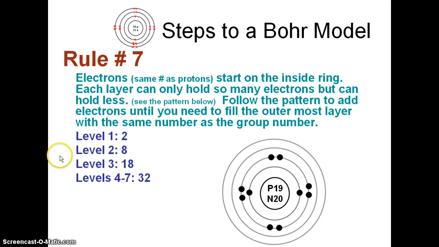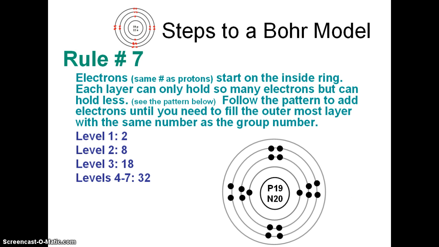Now level 3 can hold up to 18 electrons. But we know we have to have 4 layers of electrons. And that last layer has to hold 1. So here's how this works, okay? On the third layer for potassium, we're going to put 8 more. 1, 2, 3, 4, 5, 6, 7, 8.